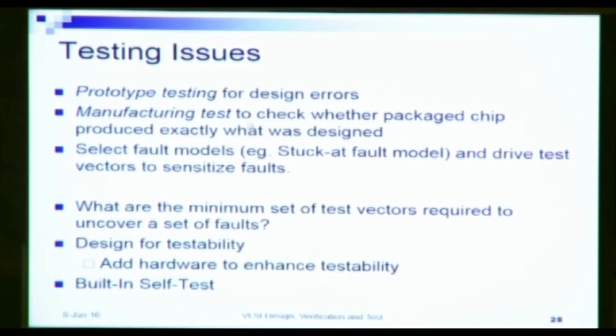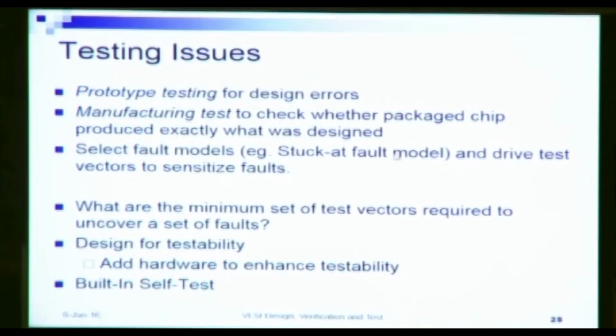So manufacturing test will basically determine the yield, meaning how many are correct chips after the actual fabrication process and packaging. So manufacturing test checks whether the packaged chip produced exactly what was designed.